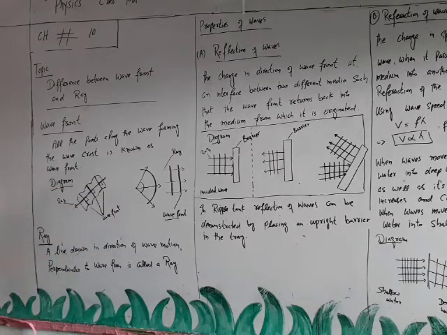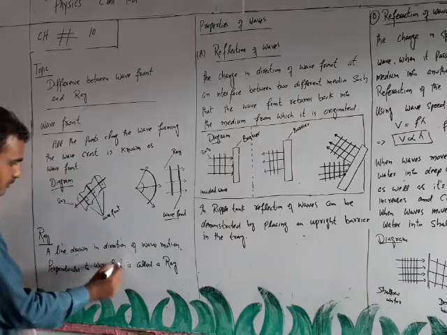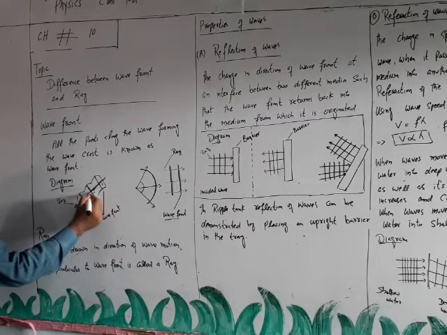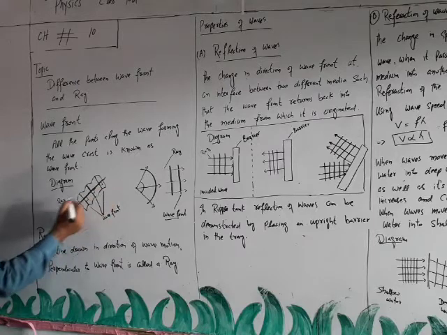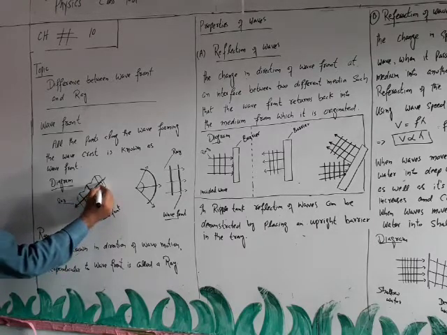On the other hand, the ray is defined as a line drawn in the direction of wave motion, perpendicular to the wavefront. Consider this line which is drawn in the direction of propagation of the wave; this line is known as a ray and is perpendicular to all the wavefronts.